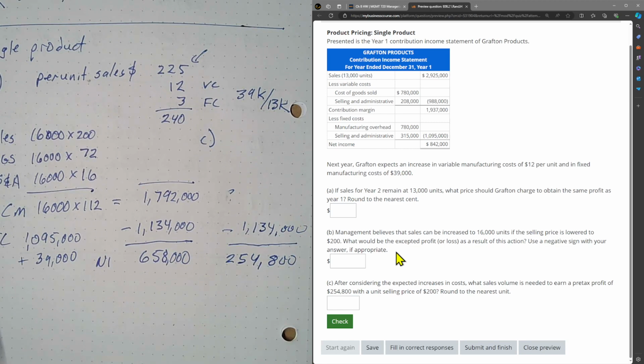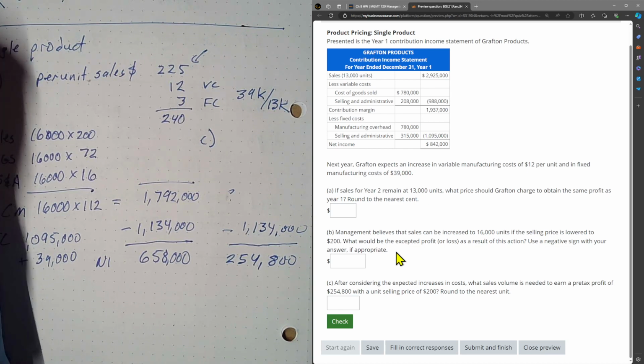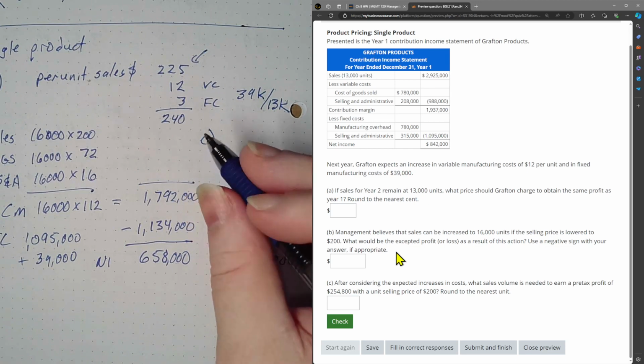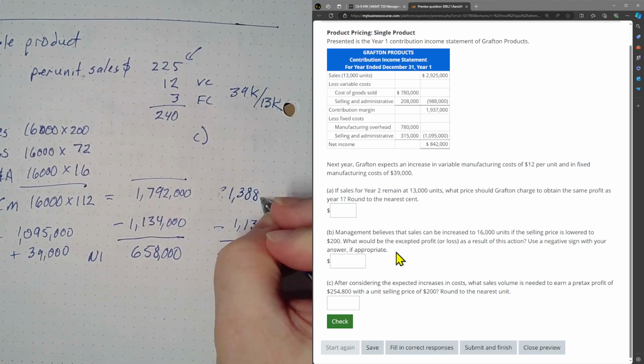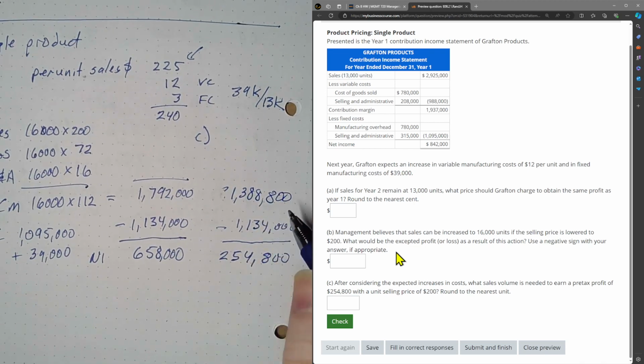And so if I put in 254,800 plus the fixed costs, I need to have a contribution margin of 1,388,800. This is the contribution margin necessary to subtract out fixed costs to get to their target profit.